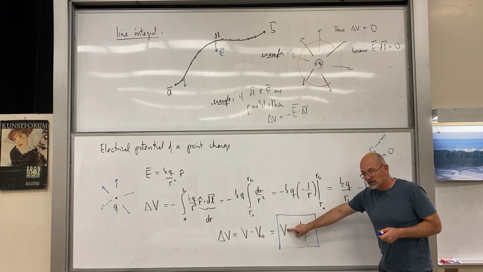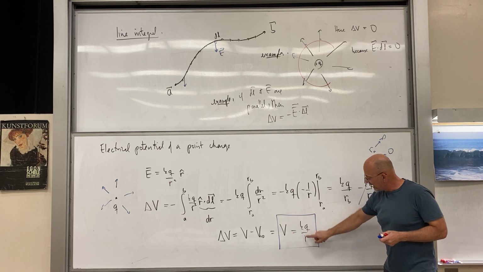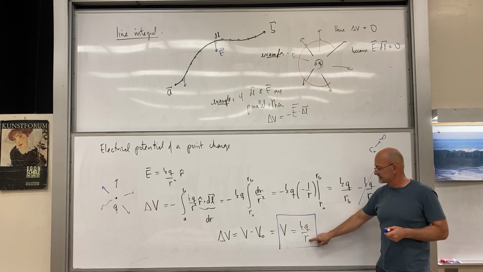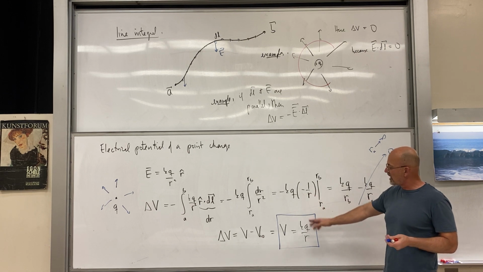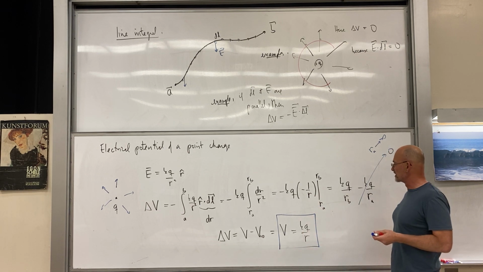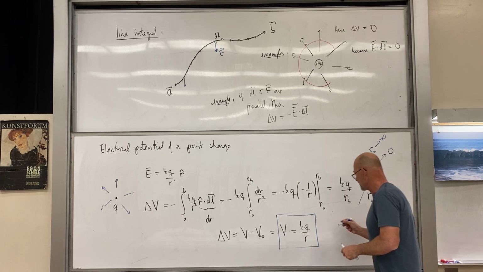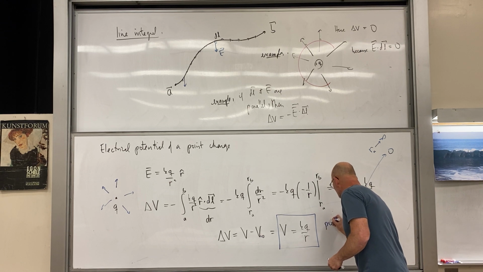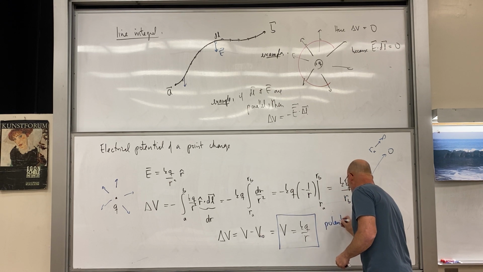The electrical potential for a point charge is KQ divided by R. This is the potential of a point charge at the origin.